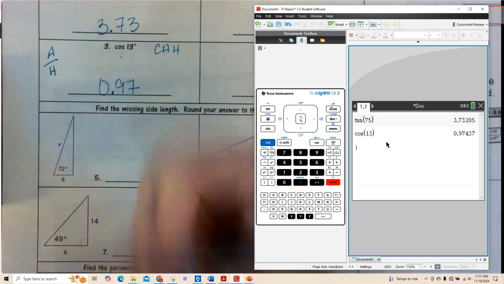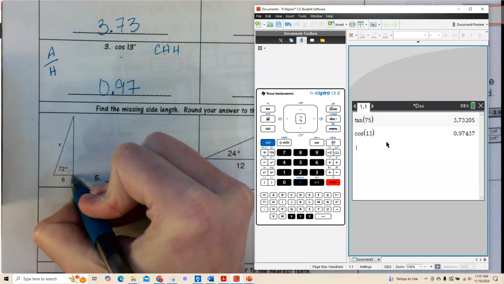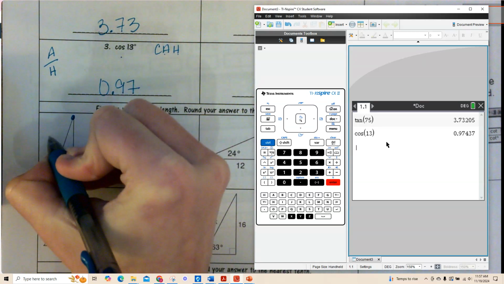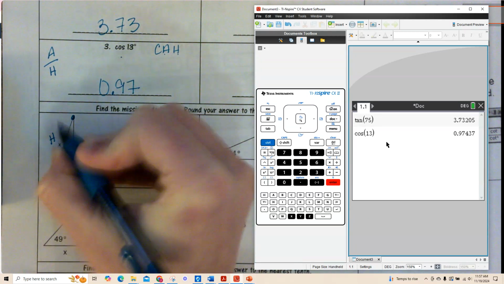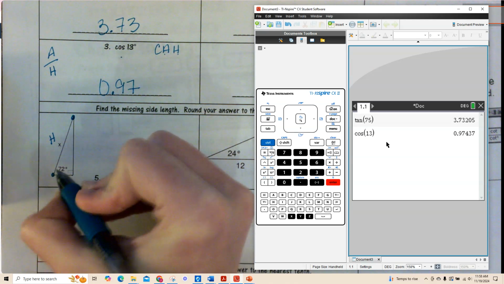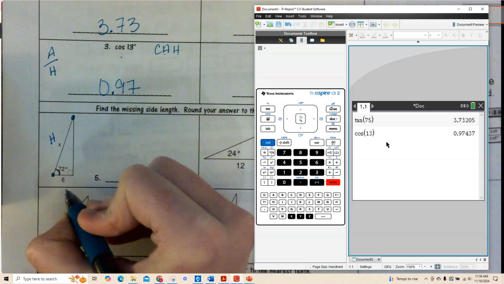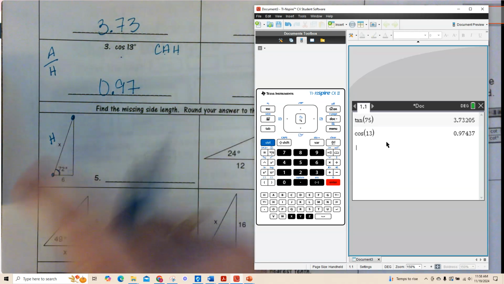Okay? You got to determine what side you're looking for before you do anything else. So here's the right angle. Here's the other 2 angles. I'm looking for the hypotenuse. Okay, that side's the hypotenuse. Here's the angle they gave me. So now I have to decide if the other number they gave me, is that an adjacent side or an opposite side?